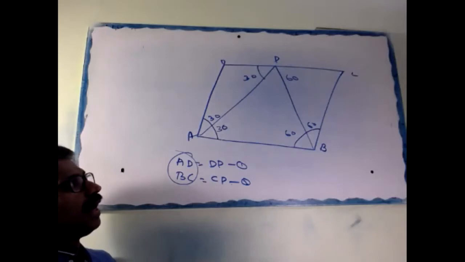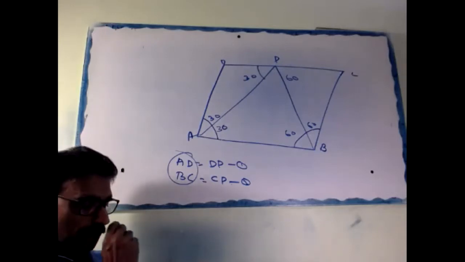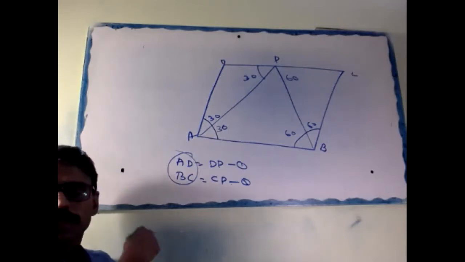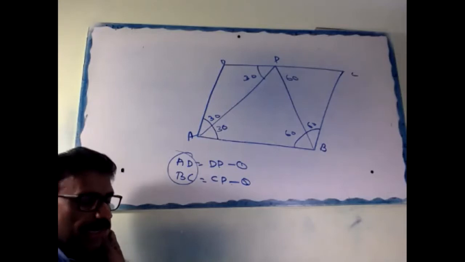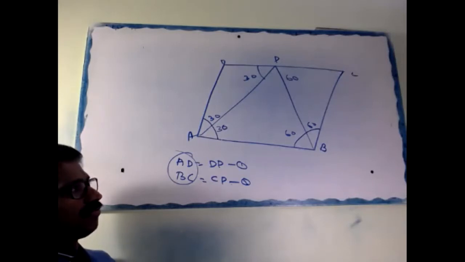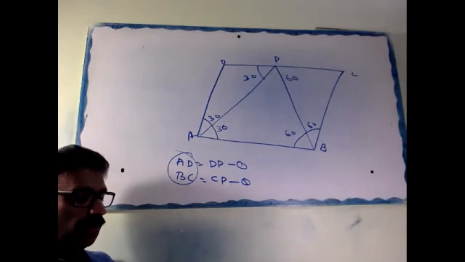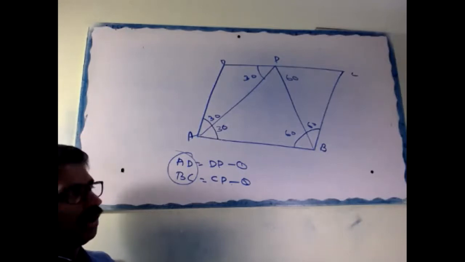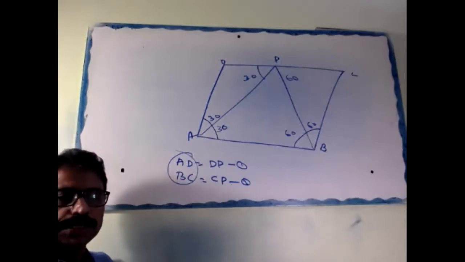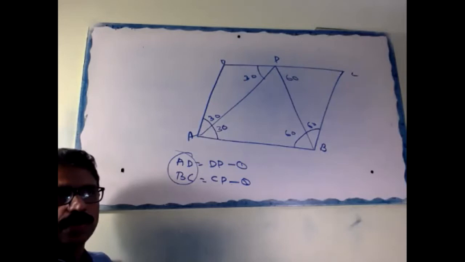Then angle PAB equals angle APD, 30 degrees, alternate angles. Therefore, AD equal to DP, call it number 1. Sides opposite to equal angles are equal.